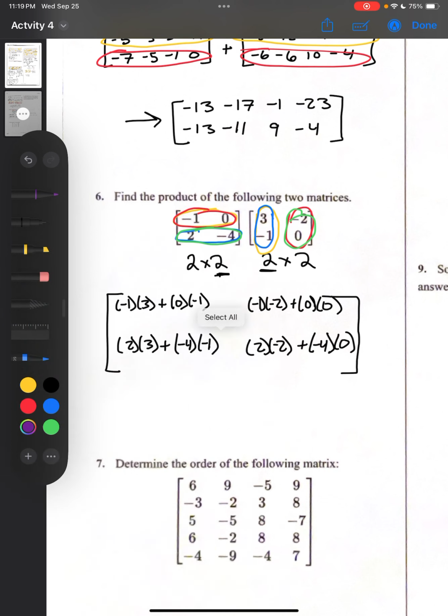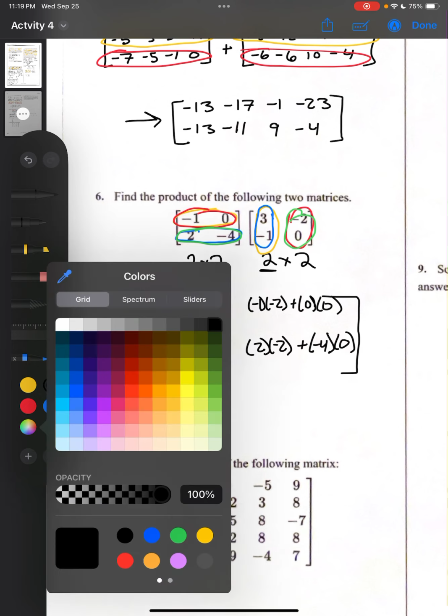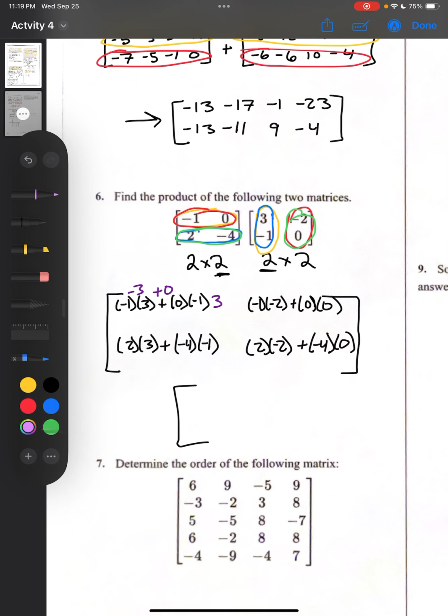So this -1 times 3 is -3. Add 0, which is just -3. And -1 times -2 is just 2.